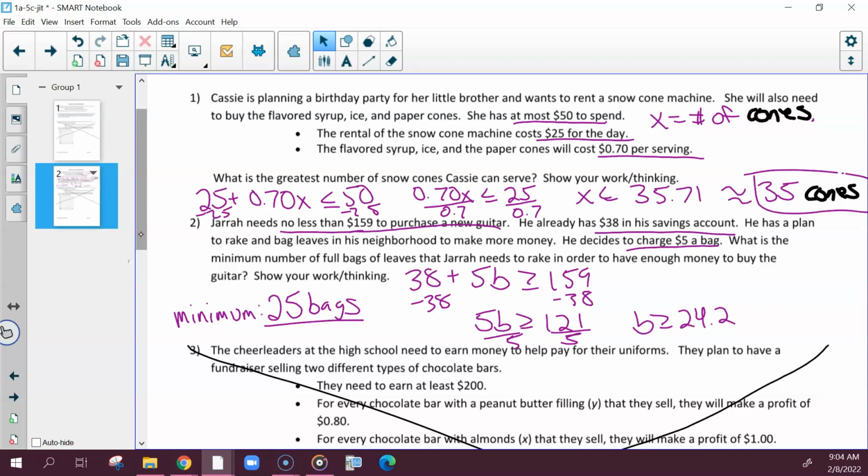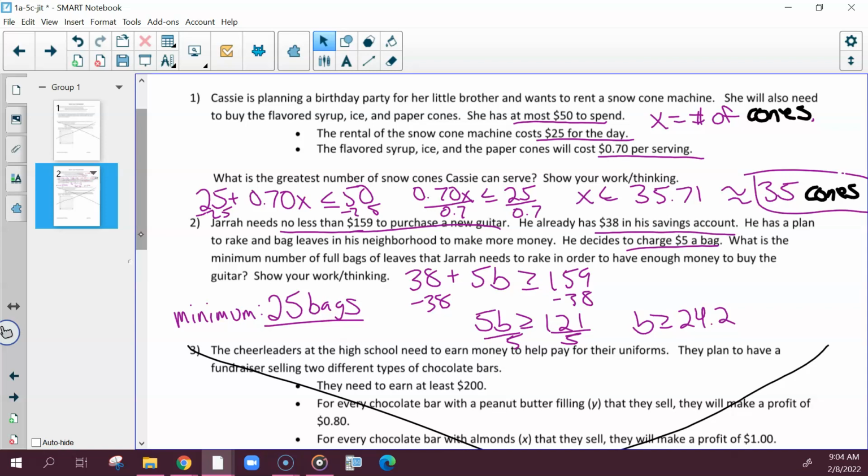In this case, because it needs to be at least 159, if we round down to 24, and if we put 24 back in, it doesn't get him his base amount, his 159. I think it's 158 actually. So the minimum amount he would need is 25. If you put 25 in, it would go over the 159.